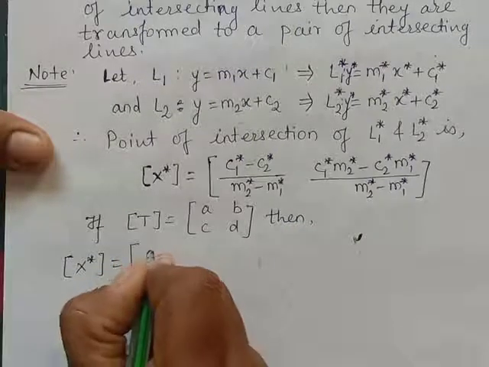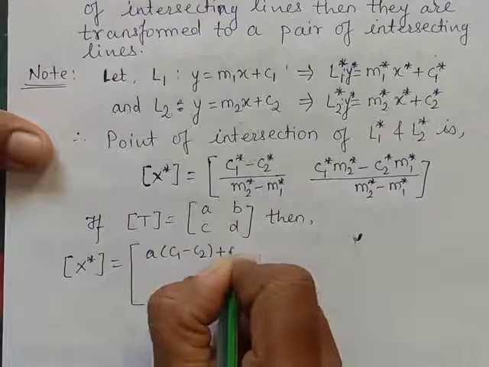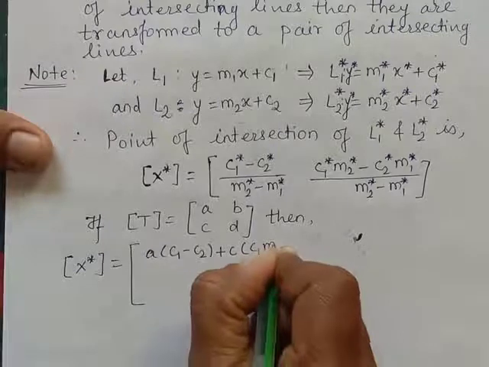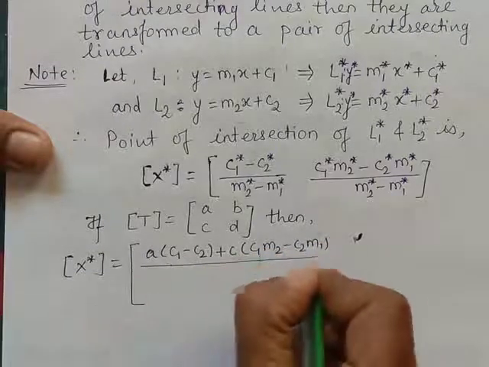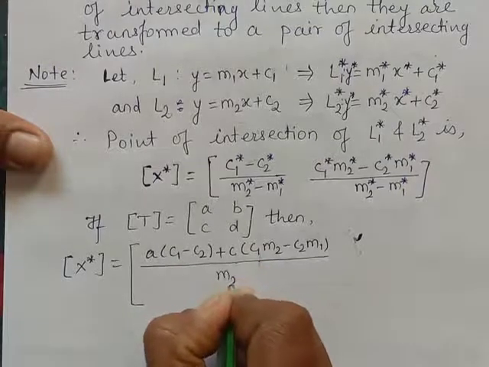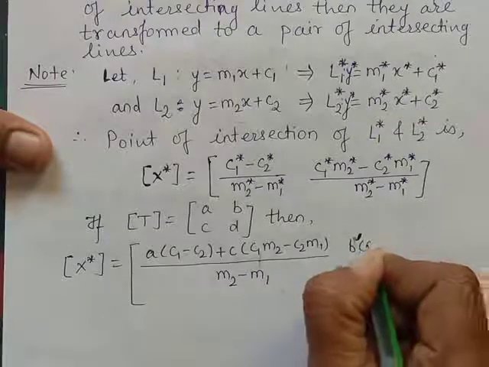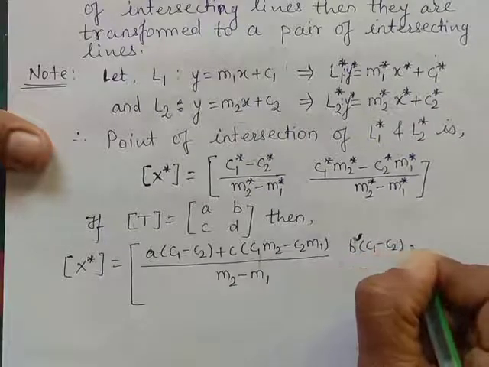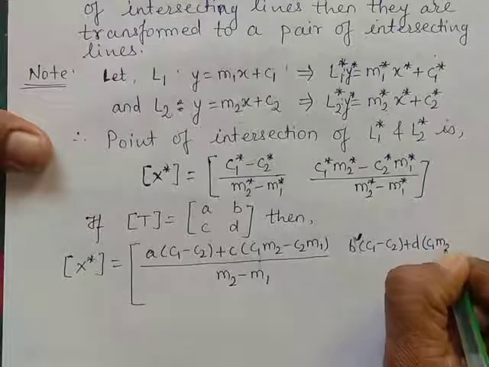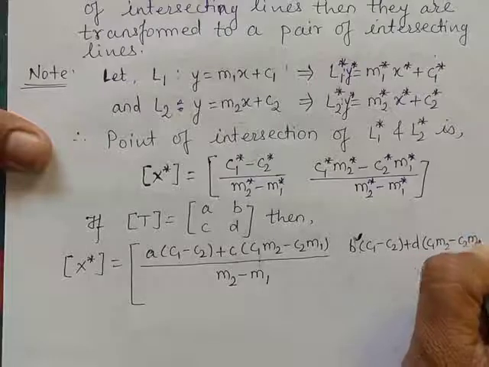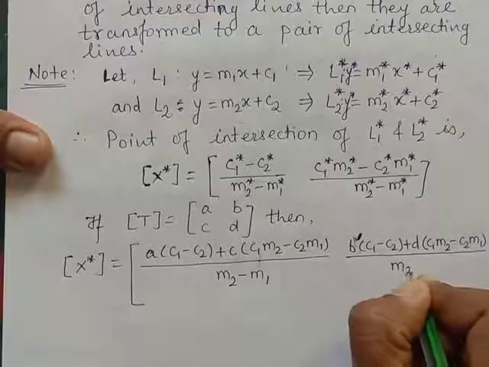It will be A into (C1 minus C2) plus C into (C1M2 minus C2M1) upon (M2 minus M1), and B into (C1 minus C2) plus B into (C1M2 minus C2M1) upon (M2 minus M1).